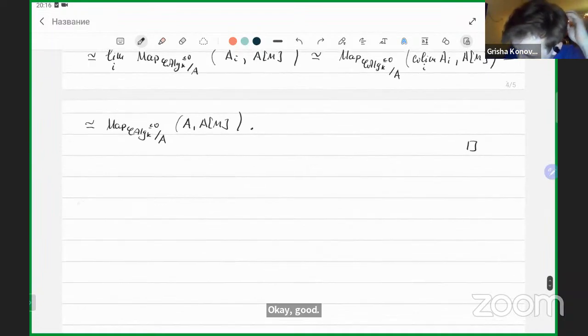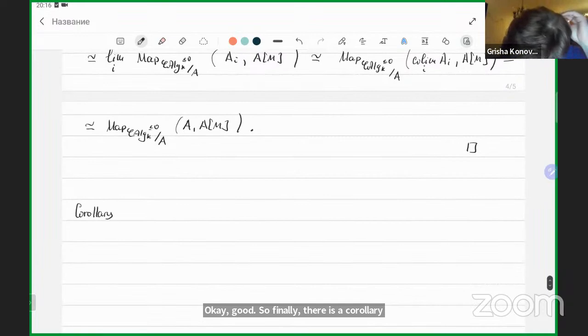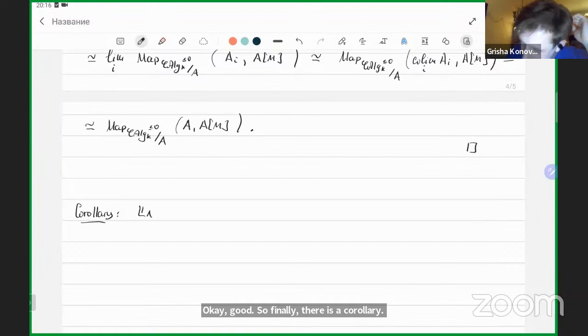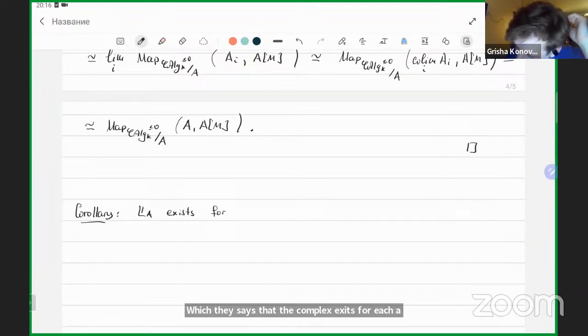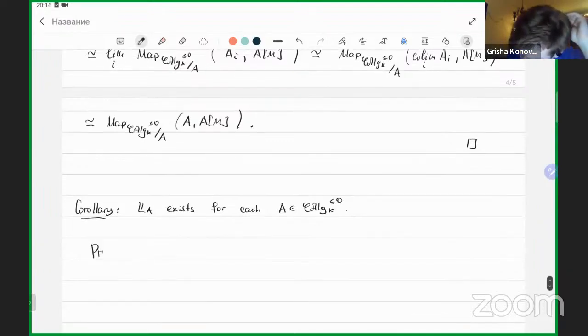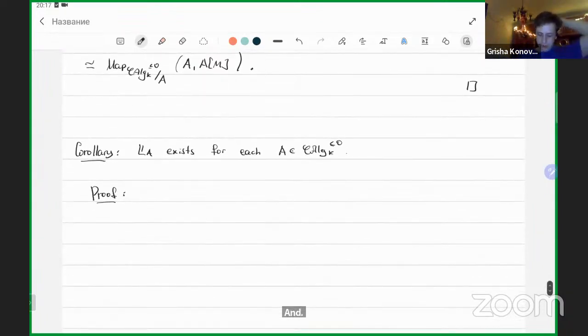So finally, there is a corollary which says that a cotangent complex exists for each A. And how are we going to prove it?